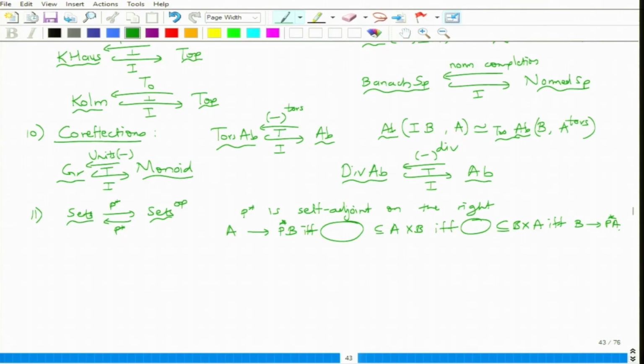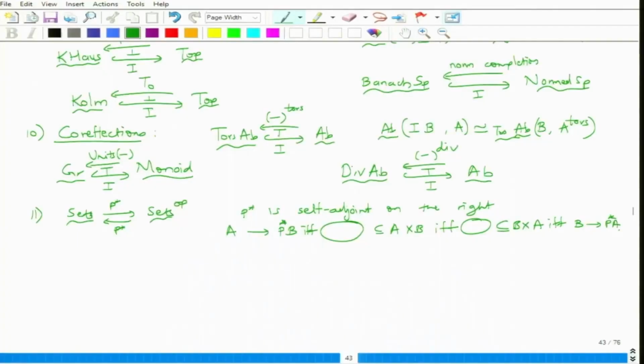For all full subcategories, do we have an adjoint? No. See, you are again asking whether a left adjoint or a right adjoint exists. We are going to answer this question in one of the most important theorems in our course. It's called the adjoint functor theorem.